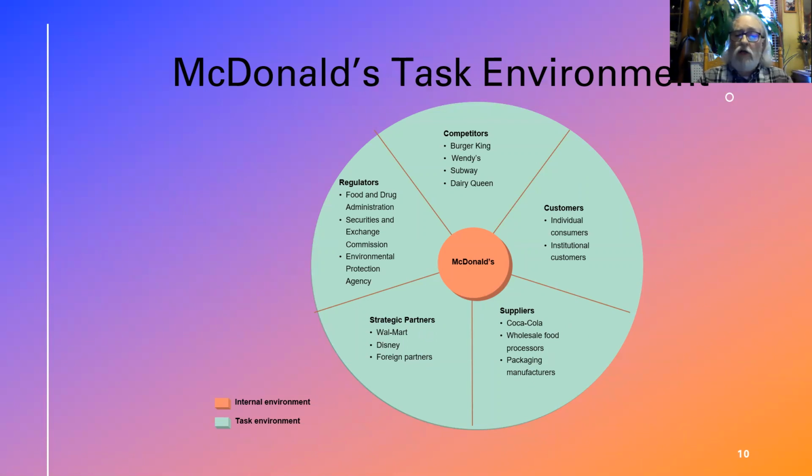When it comes to the regulators, then here are some of the well-known federal agencies who tend to regulate many industries. The FDA, which is the Food and Drug Administration, certainly for McDonald's, that would come into play. The Securities and Exchange Commission comes into play because McDonald's does so much of their operations in foreign markets and so forth. And they have operations that cross state lines and things like that.